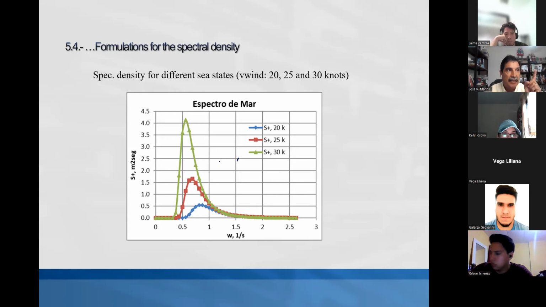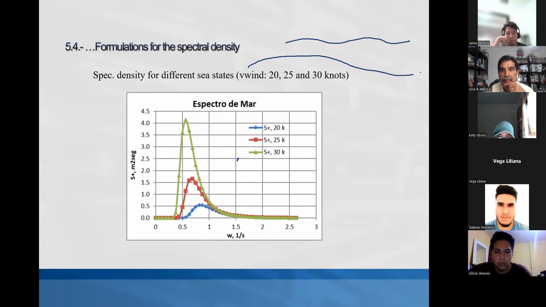That means that the largest energy, you're going to have it at a wave which is longer. So, for example, for the blue, we have something like this. For the green, we're going to have higher amplitude, and it's going to be longer waves.